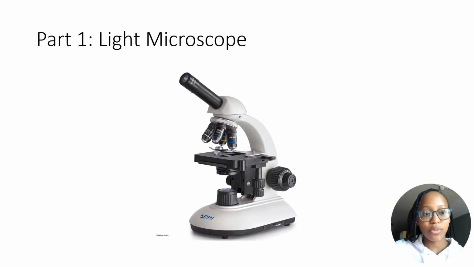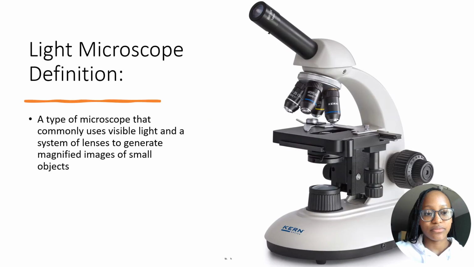The type of microscope we're going to be teaching you guys about is a light microscope. It is the microscope that is commonly used for living cells. A light microscope's definition is it is known as a type of microscope that commonly uses visible light and a system of lenses to generate a magnified image of small objects.